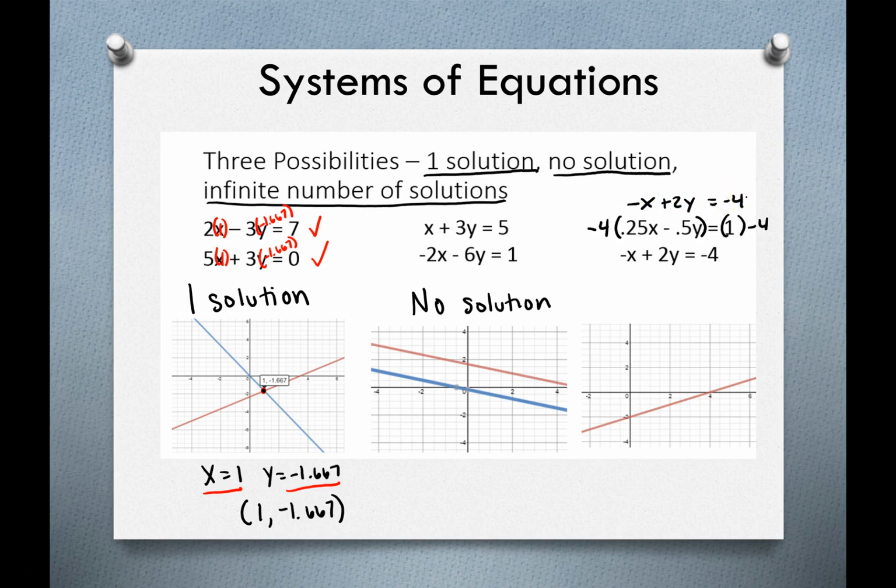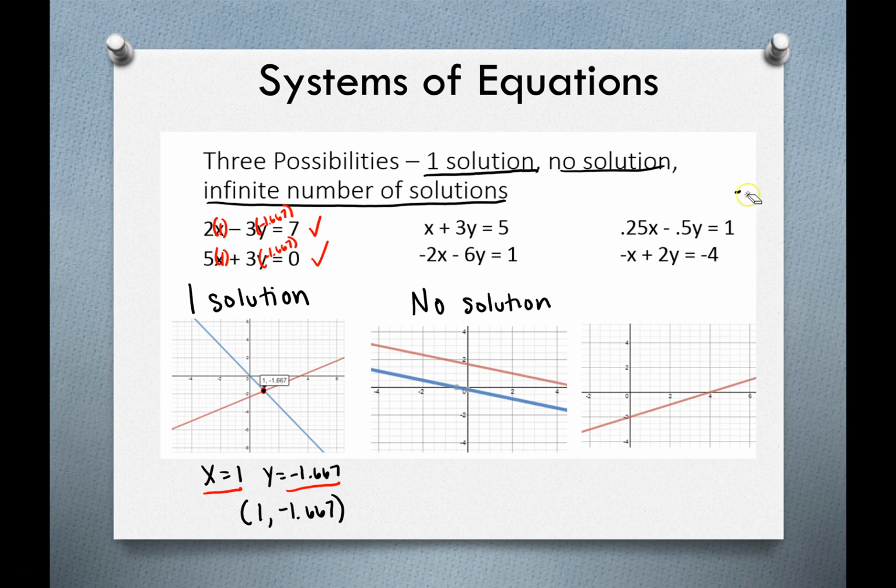In other words, even though it looks different, if I multiply both sides by negative 4, which I can do because I'm changing both sides of the equation by the same thing, you'll see that although it's written differently, this equation right here is exactly the same equation as this. I just multiplied this one by negative 4 and this side by negative 4. But it is the same exact equation, which means what?